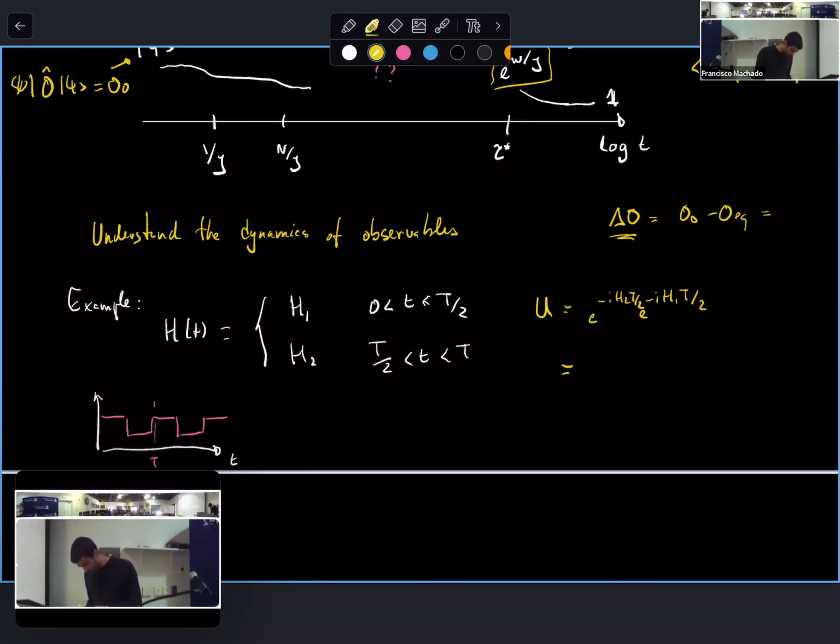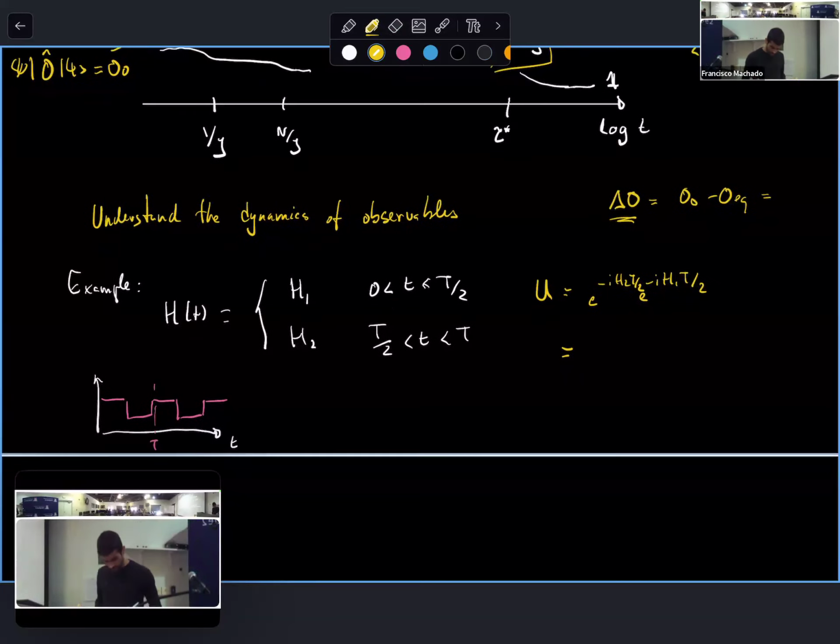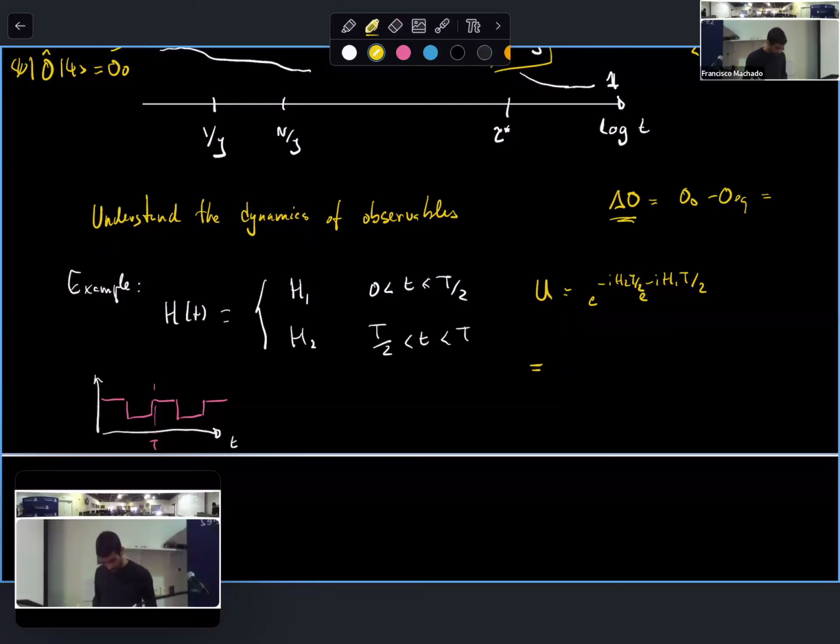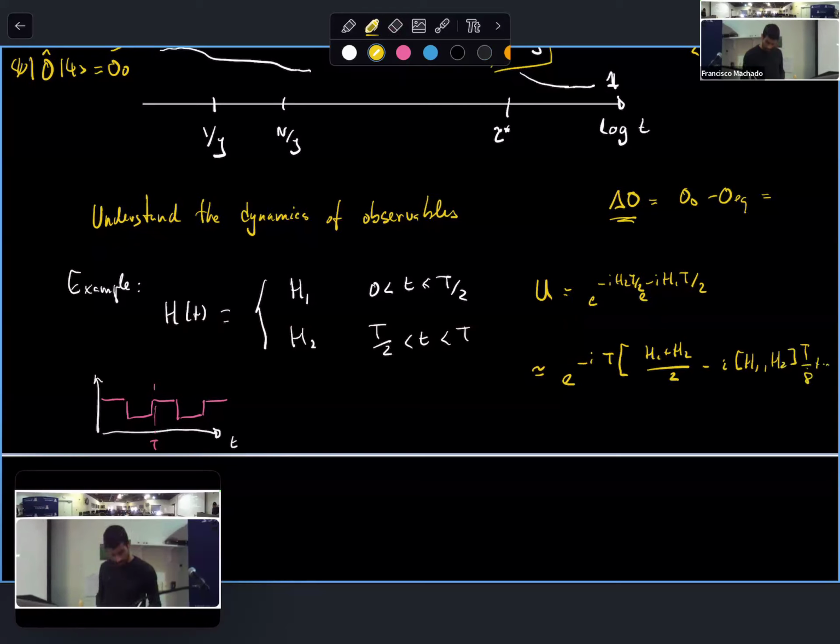And this is where I need to make sure that I use my notes to get the factors right. In principle, you can use Baker-Campbell-Hausdorff to turn these two exponents into one, and you get something that effectively looks like this. It's going to be H1 plus H2 over 2. And then the next term is going to be something that depends on the commutator of these two Hamiltonians, and then it's going to be weighted by time and some factor.